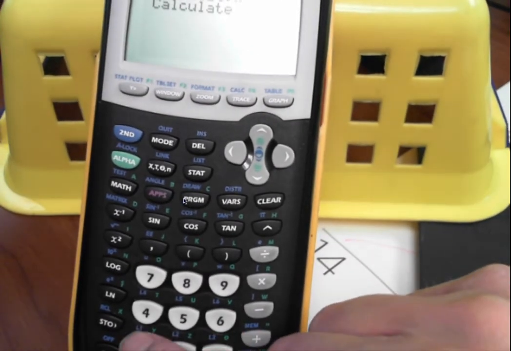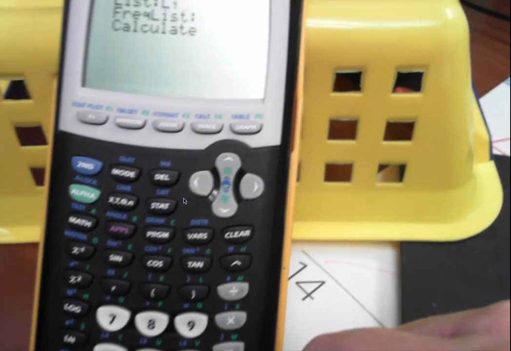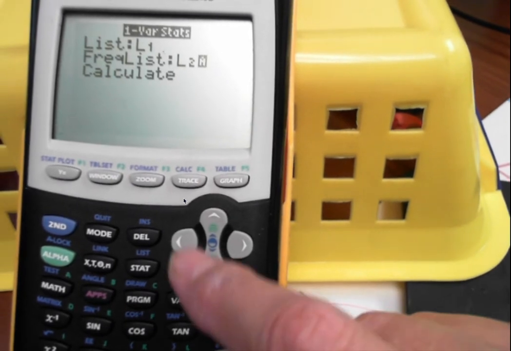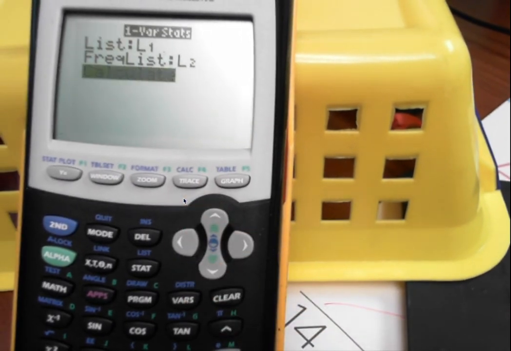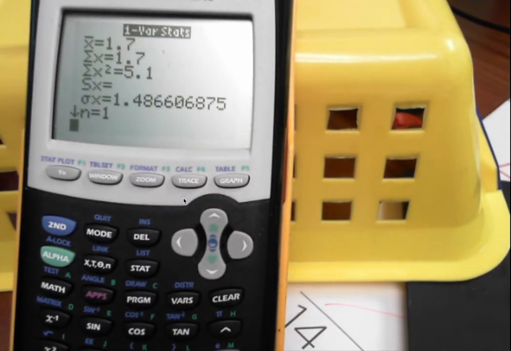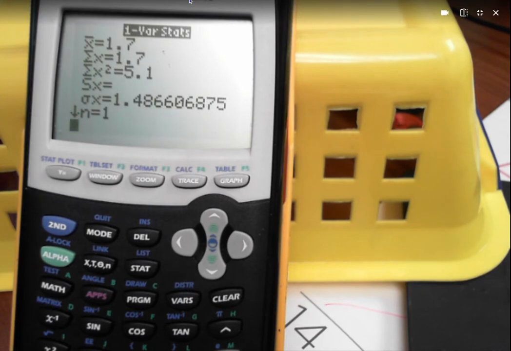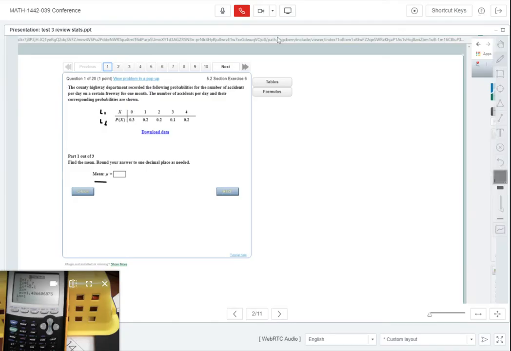The number 2 button, because right above 2 is the L2. And it'll put the L2 in there for you. Hit enter. And this 1.7 is our mean, our average. So our answer for this problem using the calculator is 1.7.